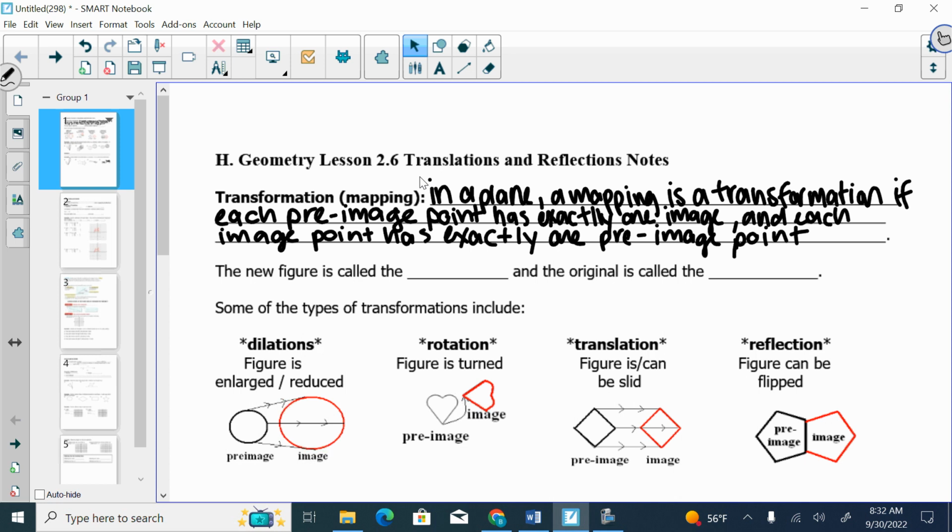In other words, every point that was originally in the figure has to have some new point in the transformation. They all have one that they go with, all right?